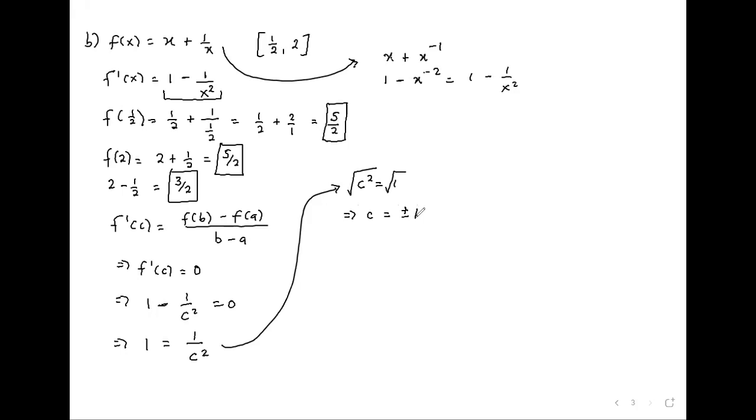Now, if c is plus or minus 1, this means that, looking at the interval there, c must be a member of the interval half, comma 2. So between -1 and +1, you realize that +1 is the one that is a member of the interval half, comma 2.